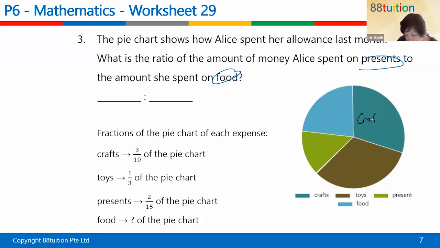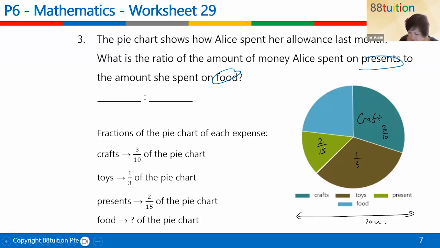So craft itself, the pie chart is 3 units. So the entire thing is 10 units. The toys is 1/3. So if that's the case, I'll put them as 3/10. This is 1/3. And the presents will be 2 out of 15.